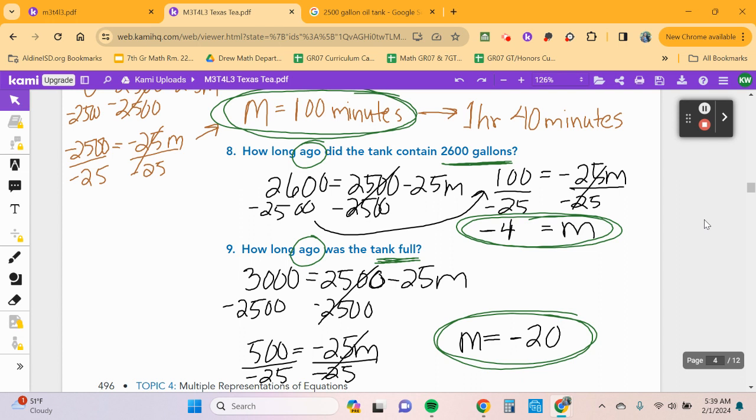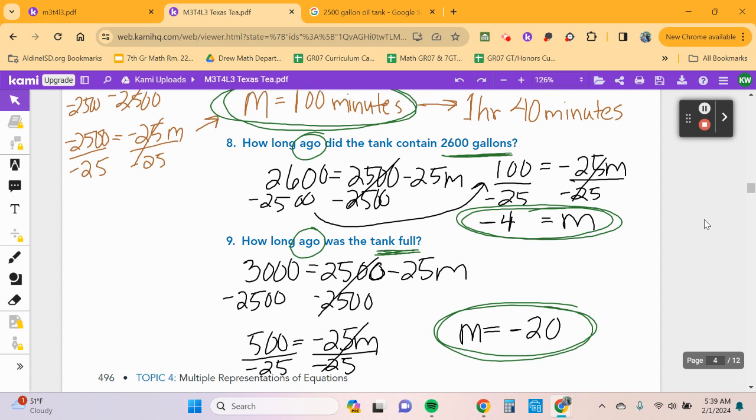And then number 9, how long ago was it full? We know it is full at capacity, which was 3,000. And so then again, our steps are the same. Subtract 2,500 from both sides and then divide both sides by negative 25. You should have gotten negative 20, which again means the tank was full how many minutes ago? 20 minutes ago.